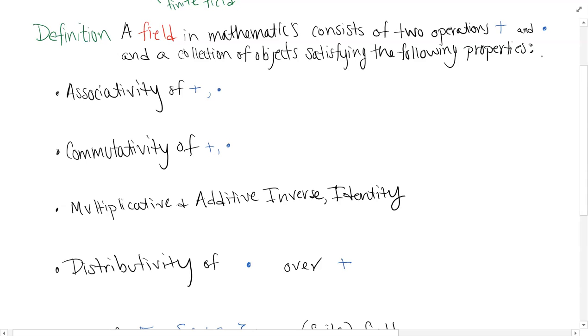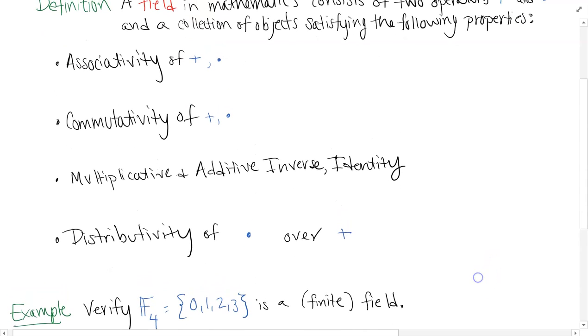And so then we have to have associativity. Just as a reminder, associativity is like you have A, B, and C, and all associativity is saying is that there is a difference in chunking. You can have plus and plus, or you can have multiplication.